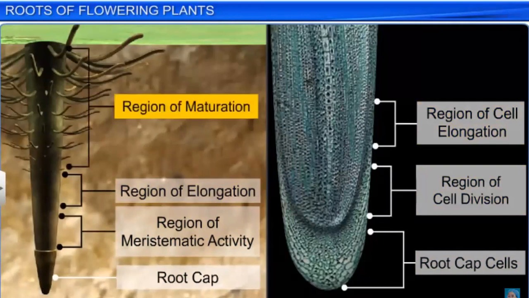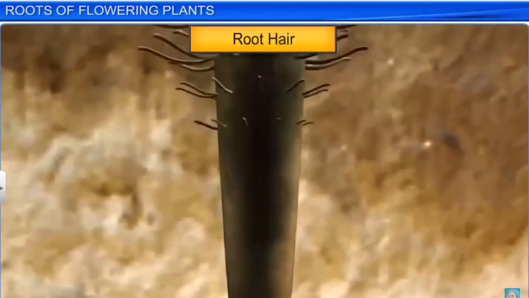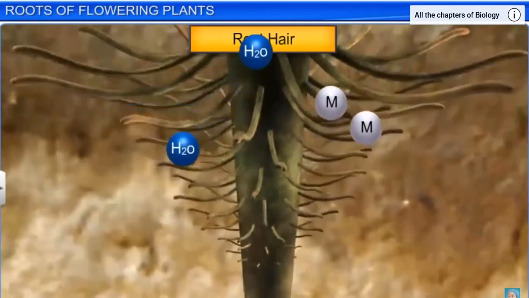The region of maturation has elongated cells that differentiate and mature. The primary tissues and root hairs develop here. The root hairs are fine, delicate structures that emerge from the region of maturation and assist in the absorption of water and minerals for the plant from the soil.